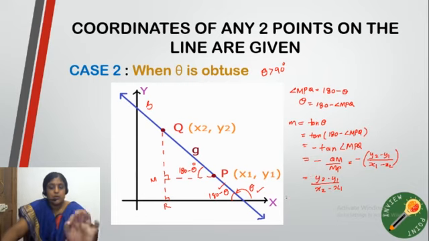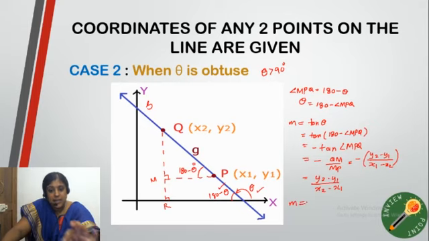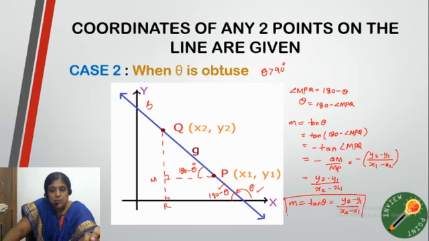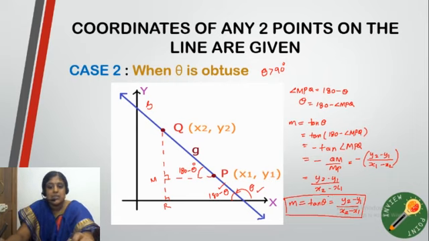So students, when the angle of inclination theta is acute or obtuse, the slope of the line is given by m is equal to tan theta, that is equal to y2 minus y1 by x2 minus x1. For both cases, the slope is given by this equation. Is it clear, students?